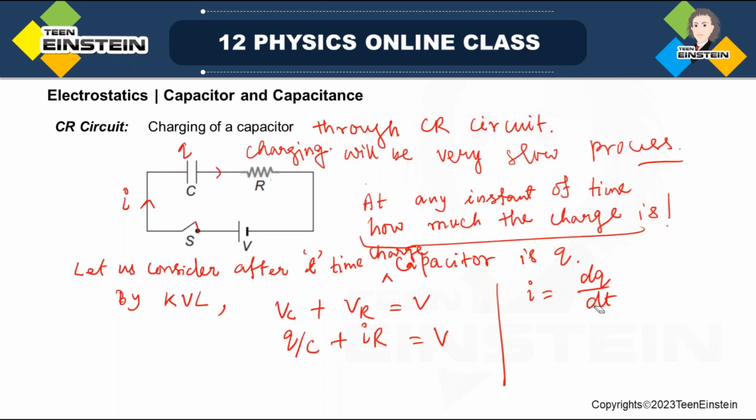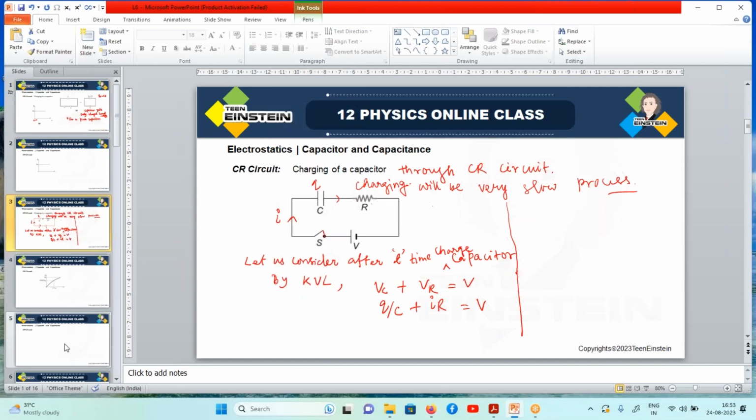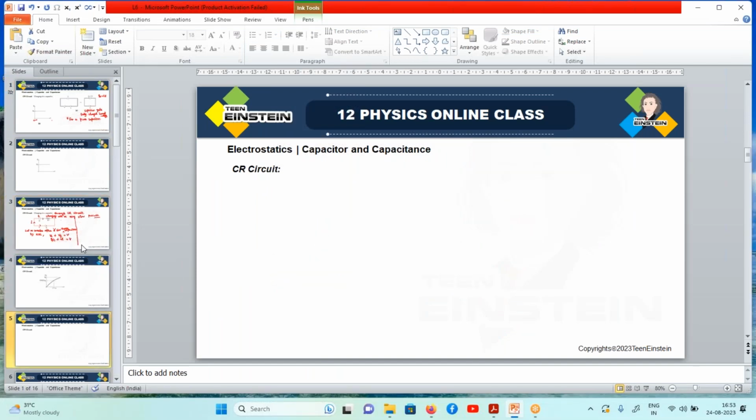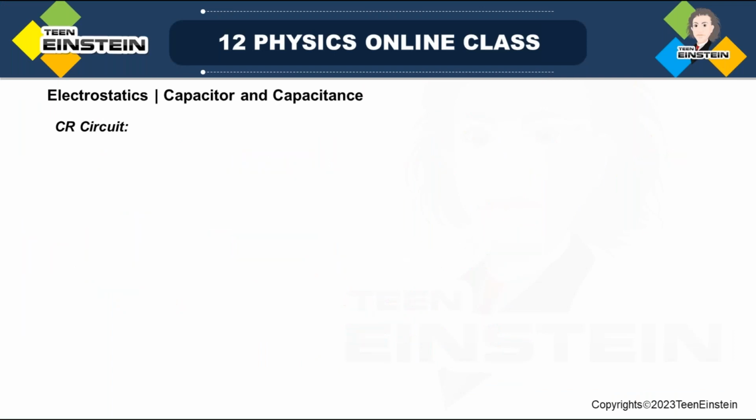I have to derive it here itself, so let me erase this part and get a new page over here. All right, I have an extra page here.